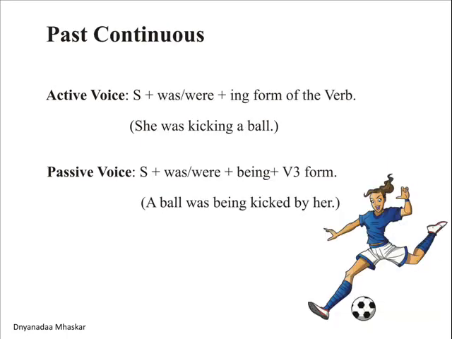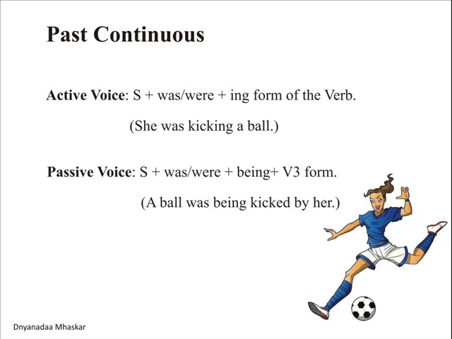Let us see the change in past continuous now. The form of past continuous in active voice: subject plus was or were plus ing form of the verb. Example, she was kicking a ball. She is the subject, was kicking is in past continuous, a ball is the object. Passive voice, subject plus was or were plus being, BEING, plus V3 form.